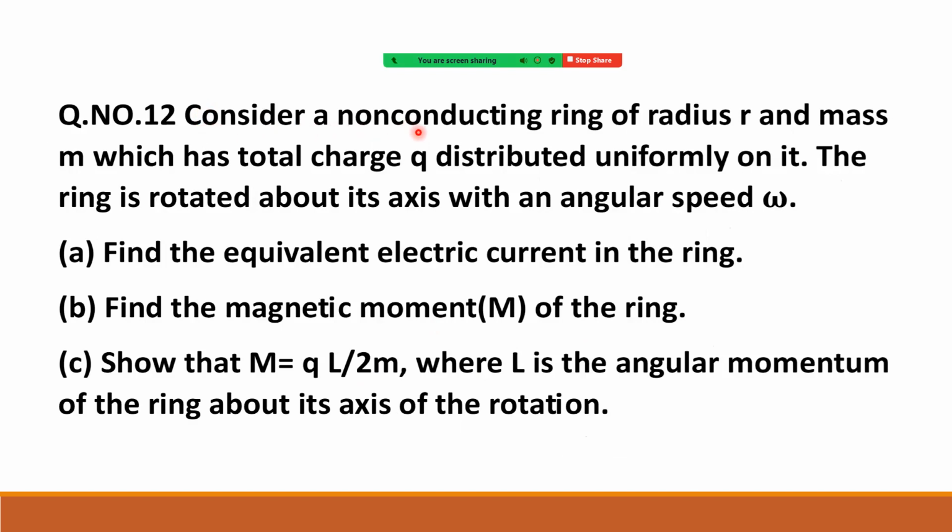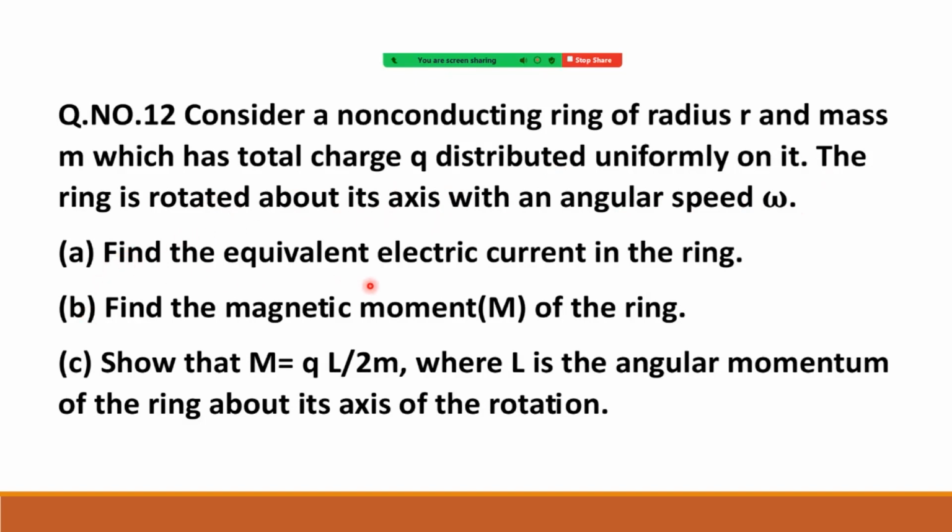Consider a non-conducting ring of radius r and mass m which has total charge q distributed uniformly on it. Given the distribution of charge is uniform. The ring is rotated about its axis with an angular speed omega.